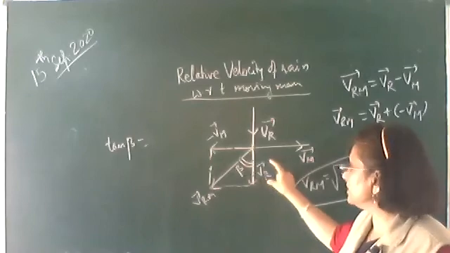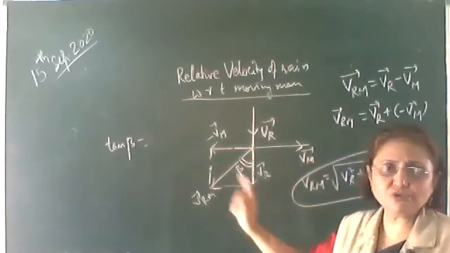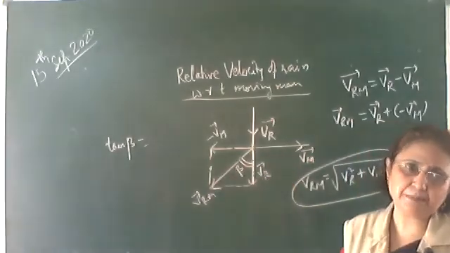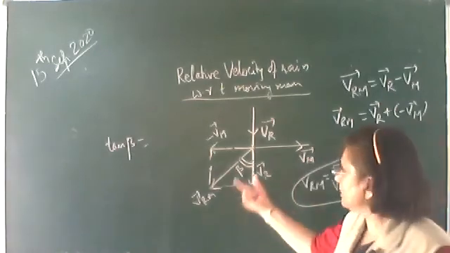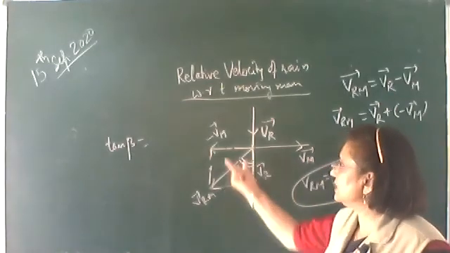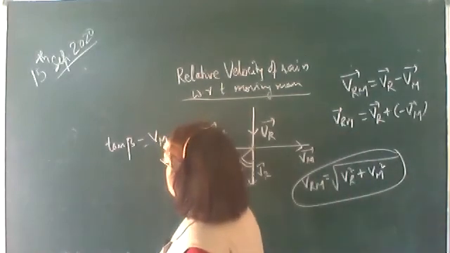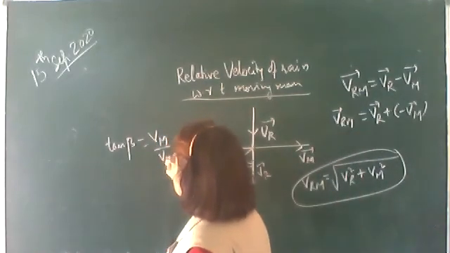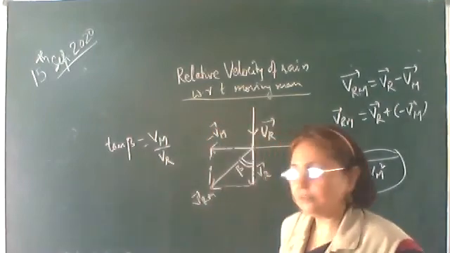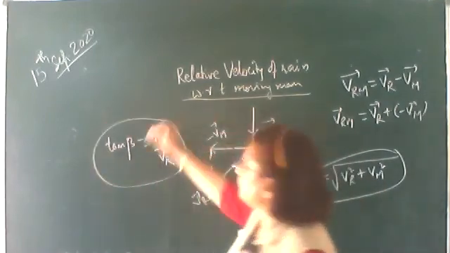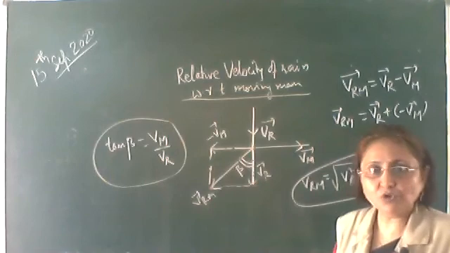Vm. Base is how much? VR. Or you use the formula B sin theta upon A plus B cos theta. You will get the same thing. So here perpendicular is Vm. Base is VR. Tan beta is Vm upon VR. This is the direction of the relative velocity of rain with respect to a moving man.